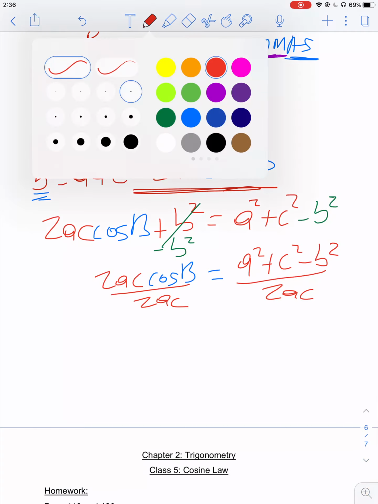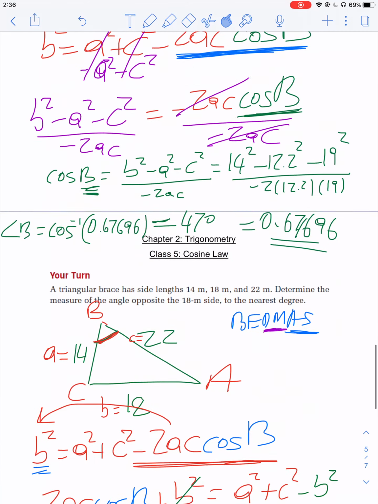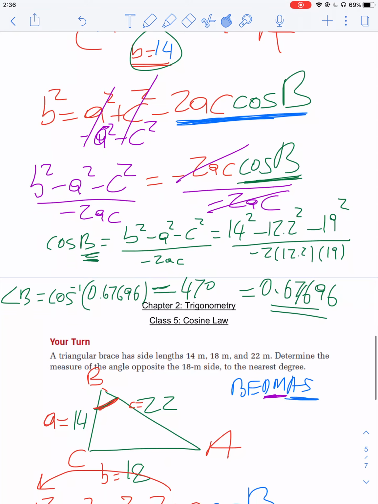So then you will have cos of B is equals to A squared plus C squared minus B squared over 2AC, okay? Now this looks slightly different than what I initially had, right? What I initially had was this.